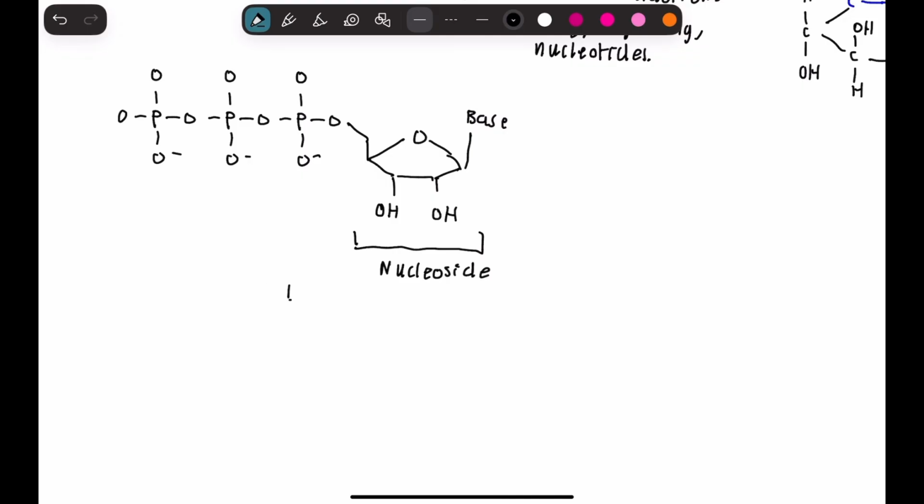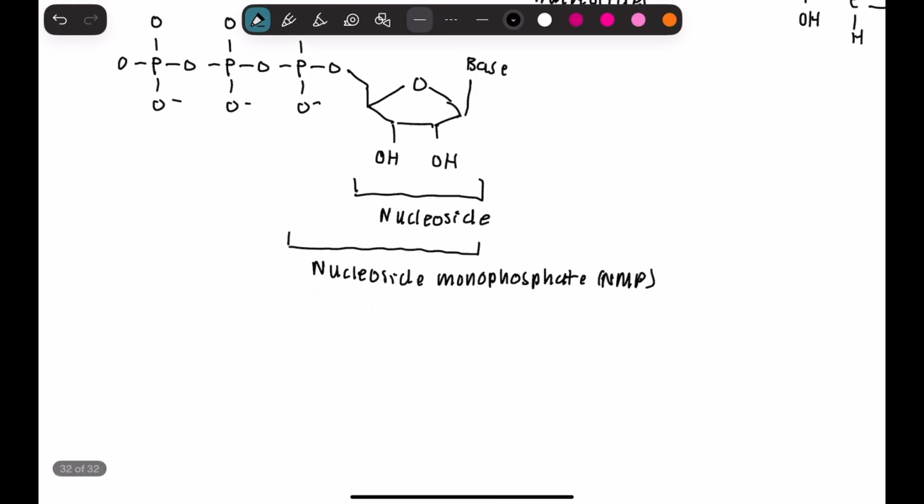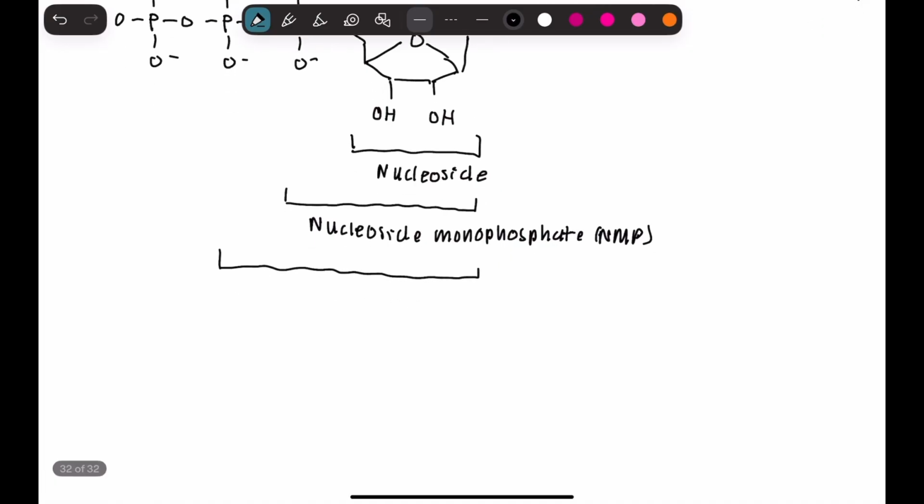At this level, this is a nucleoside monophosphate, NMP. And then here it's going to be a nucleoside diphosphate.